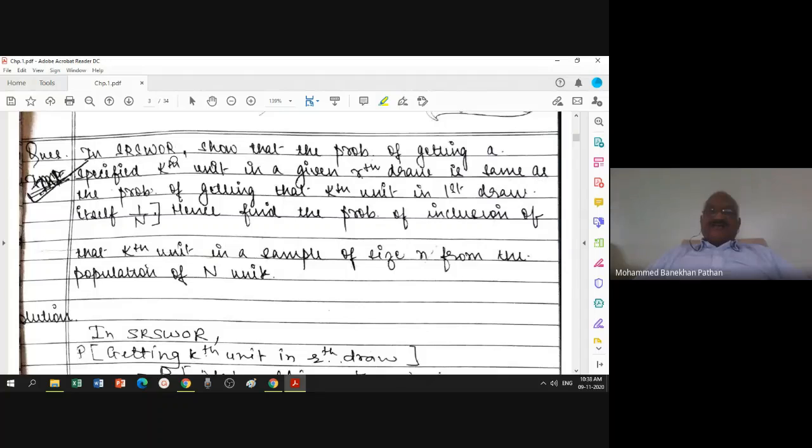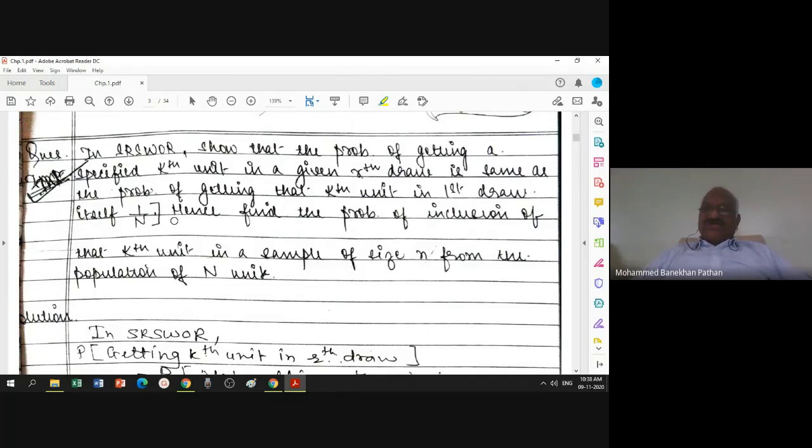In SRSWR, show that the probability of getting a specified kth unit in a given rth draw is the same as the probability of getting that kth unit in the first draw, and that is 1 by n.